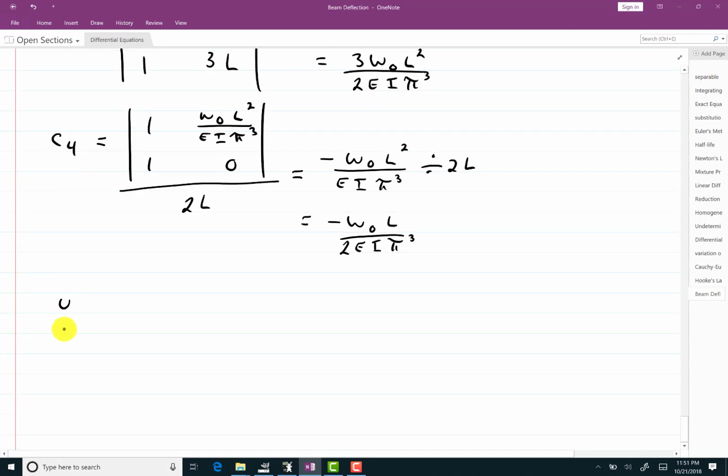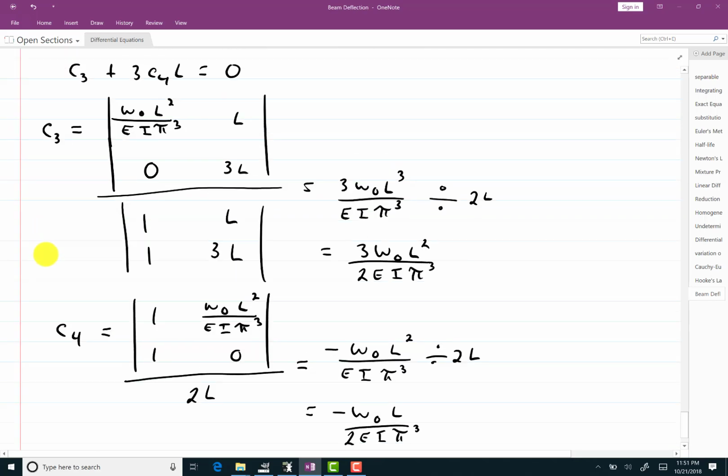So my y equals, let's go ahead and get everything back that I need.